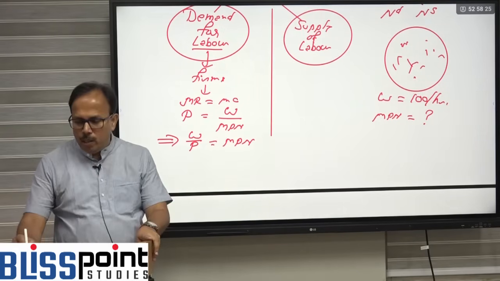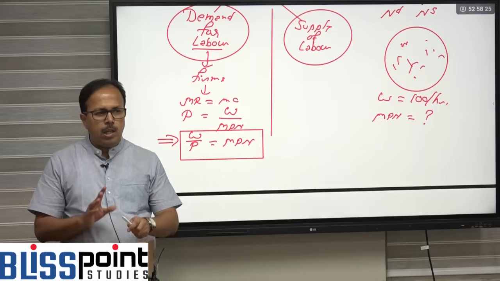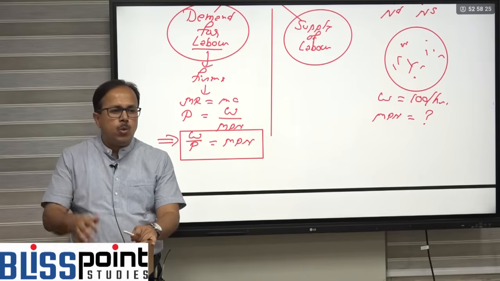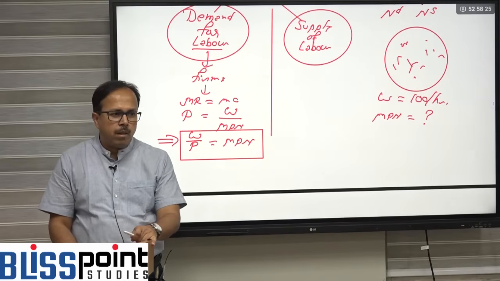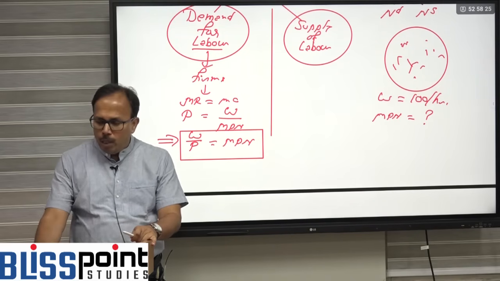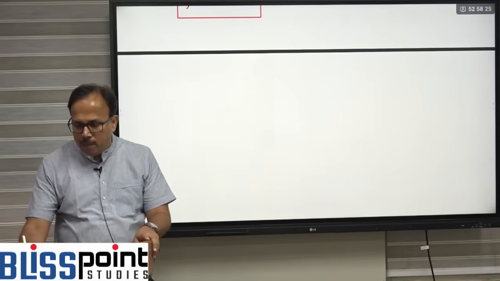What is W by P now? Real wage. So worker real wage must be equal to MPN. Then only the profit will get maximized.